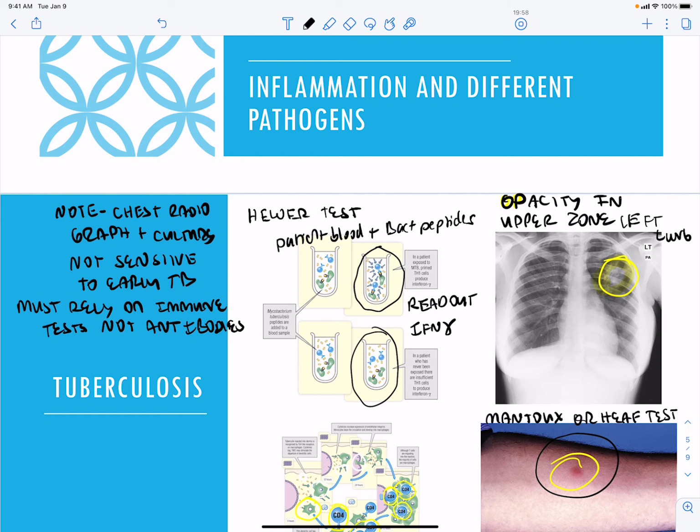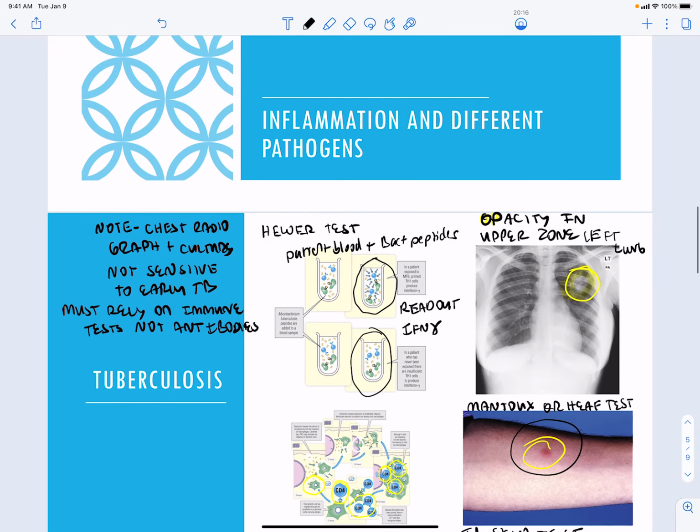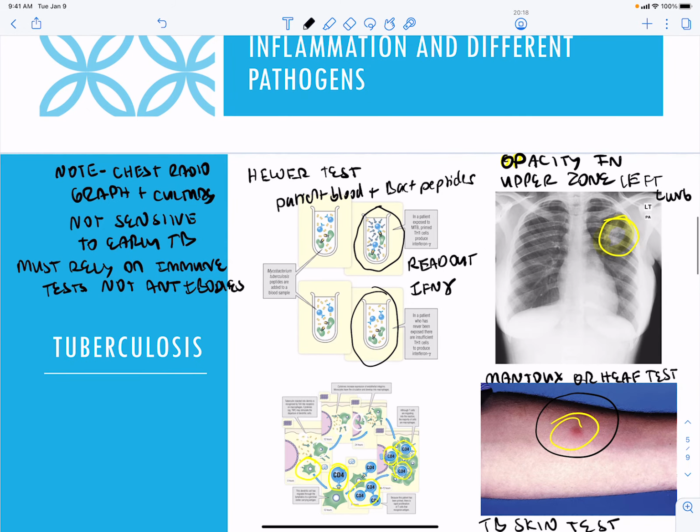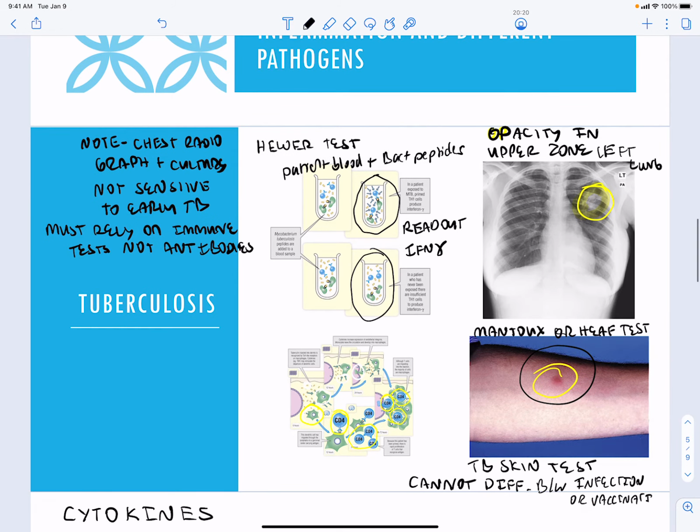And so you have to rely on something like the Heuer test, which is the test for T cells, not antibodies. And T cells tend to come up fast anyways, and so they would be good to look at acute types of infections. Now just keep in mind that the skin test, which is the most prevalently used, is what's referred to as a delayed hypersensitivity reaction.